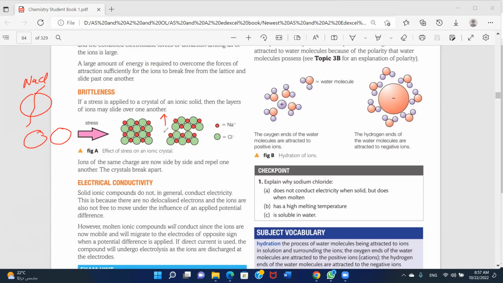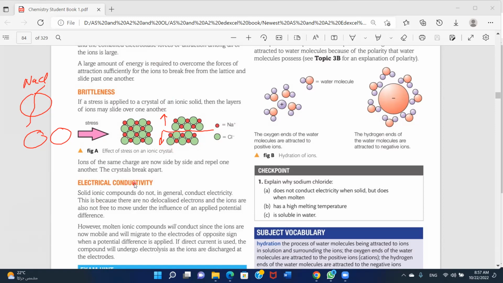This means that the sodium chloride crystal will crack, because whenever we have negative ions in front of each other or positive ions in front of each other, they will repel. So this part will go in one place and this part in another place, and they will separate.